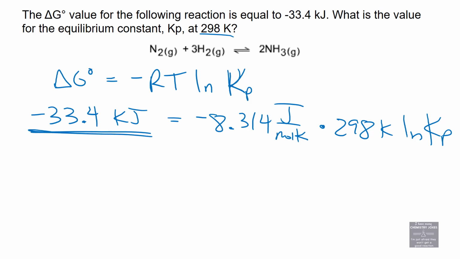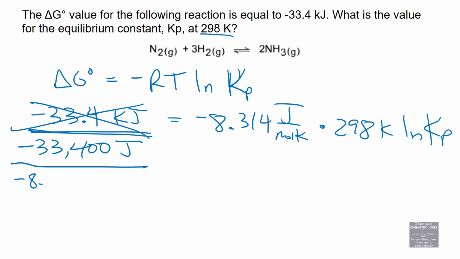I'm going to make it negative 33,400 joules instead of kilojoules and do my math that way. So that's negative 33,400 divided by negative 8.314 joules per mole Kelvin times 298 Kelvin.